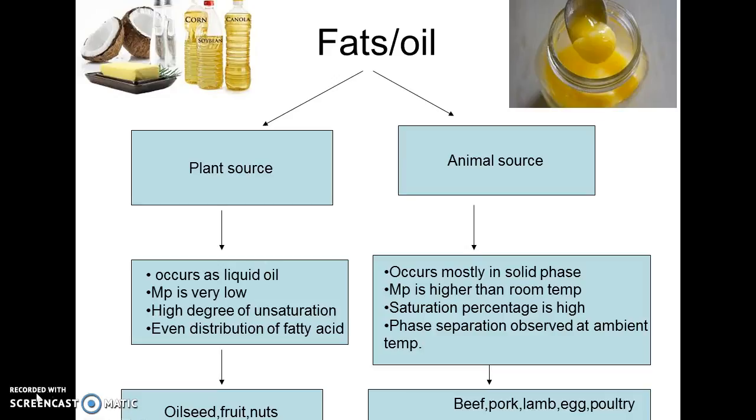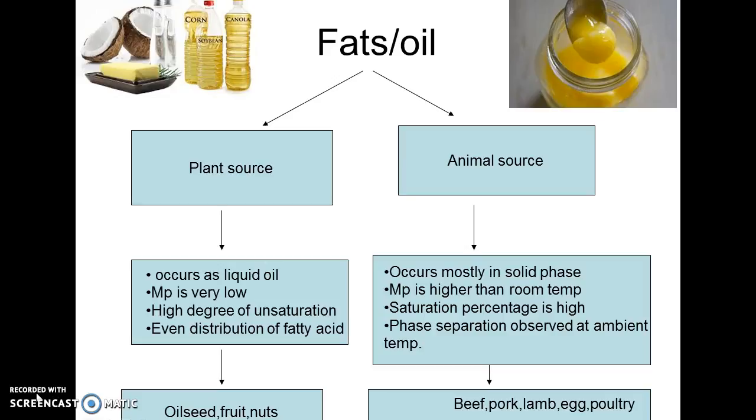Their melting point is lower than ambient temperature, so they are always in liquid phase at room temperature, and they have very high degree of unsaturation, that is unsaturated fatty acids are majorly present in this oil, and the fatty acid distribution is even. So normally all these vegetable oils are similar in physical characteristics.